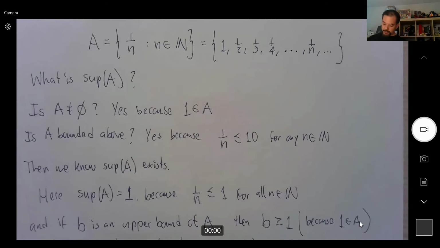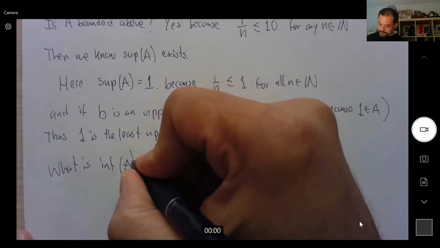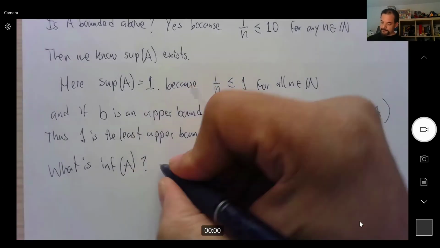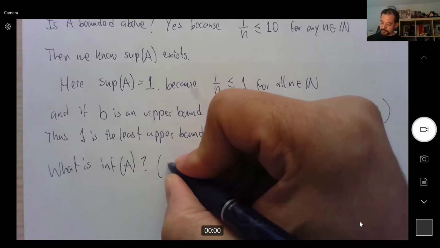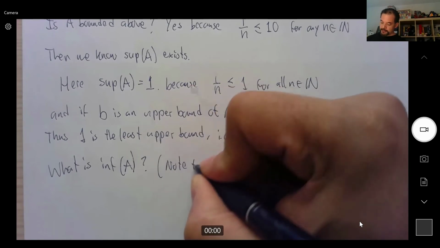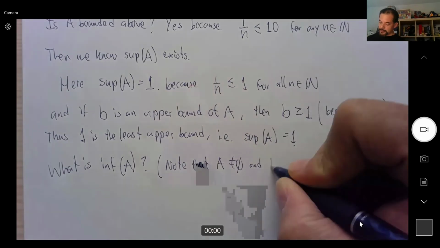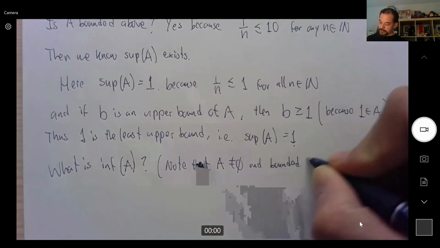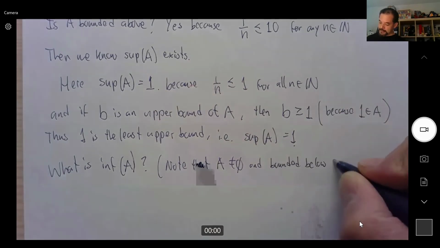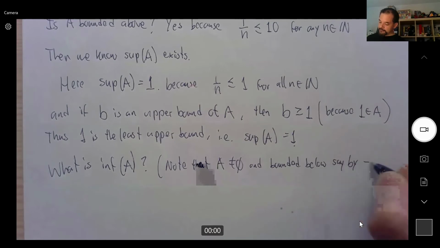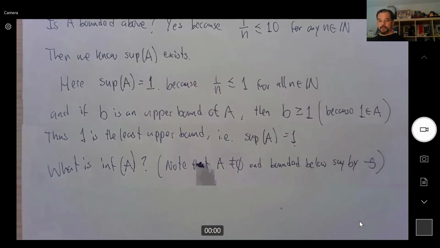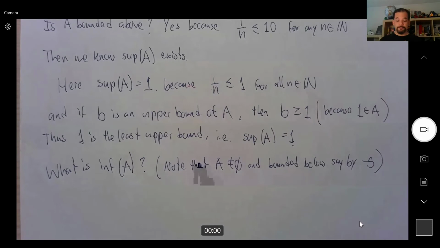So let's write it here. What is the infimum of A? Note that A is non-empty and bounded below, say by -5, like you said. So what would be the infimum?